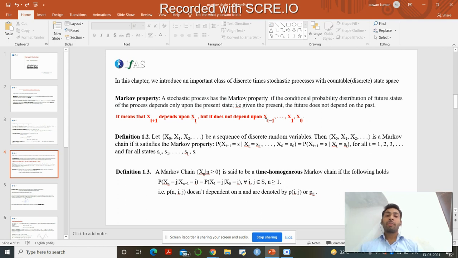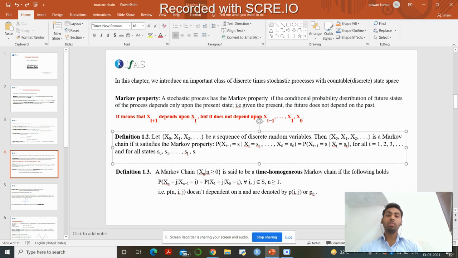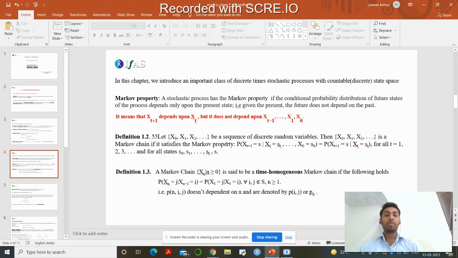Now we will define a Markov chain. Let x naught, x 1, x 2 be a sequence of discrete random variables. This is a discrete sequence of random variables. Then x 0, x 1, x 2 is a Markov chain if it satisfies the Markov property; if it does, it's called a Markov chain, otherwise not.